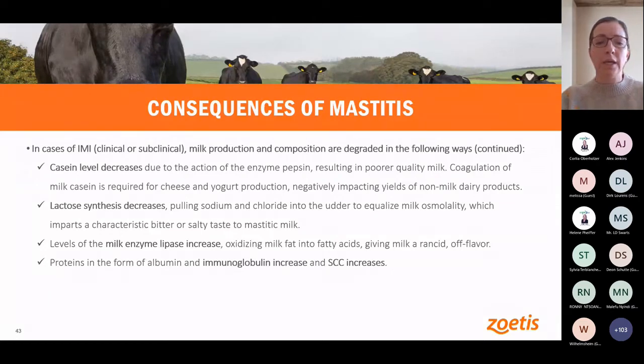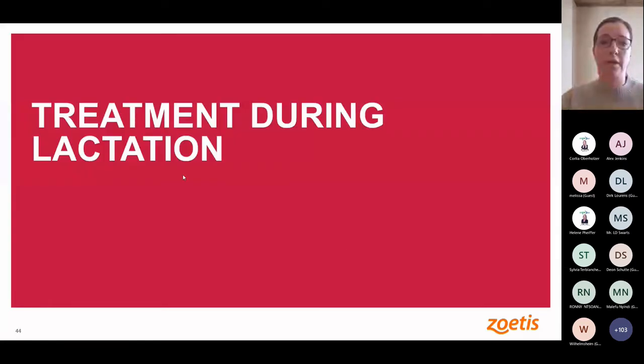The levels of lipase also increase, and that's the reason for the milk fat being oxidized. And when that happens, it can give the milk a rancid or an off flavor. And then obviously we've spoken about the immunoglobulins and the albumin that come in from the circulatory system and increase the somatic cell count.